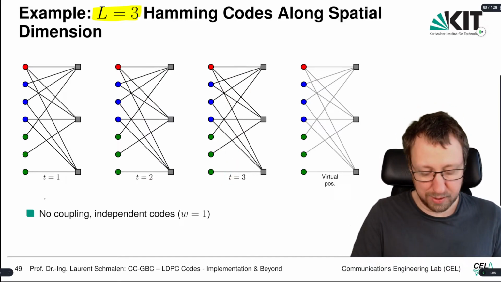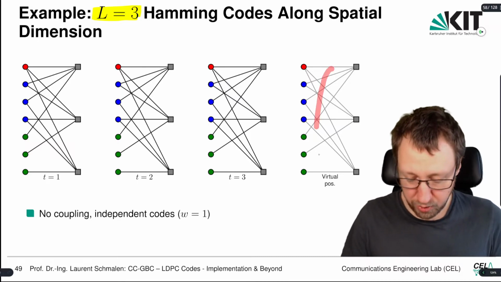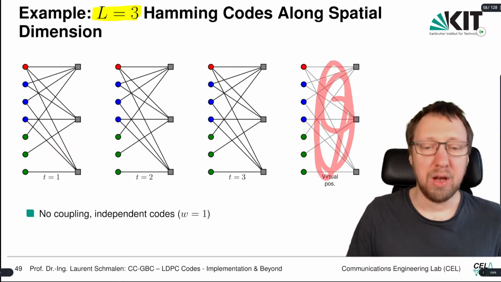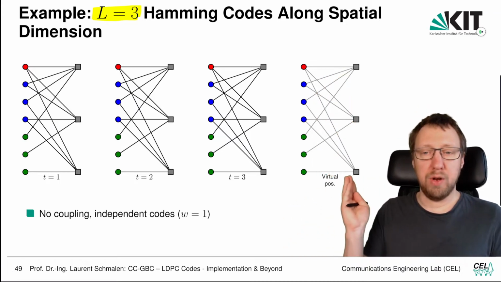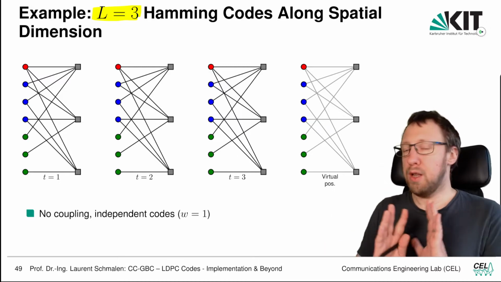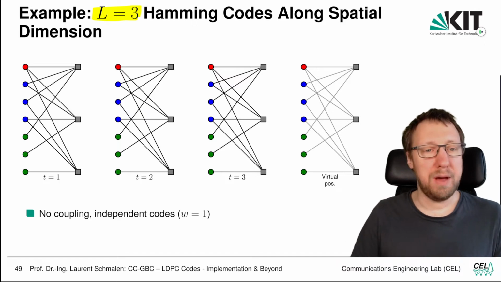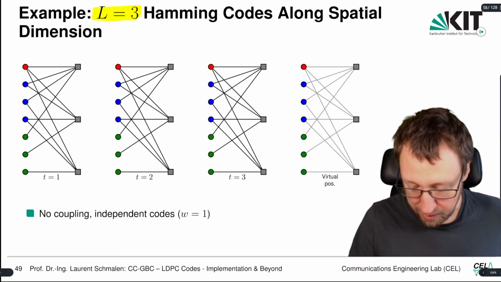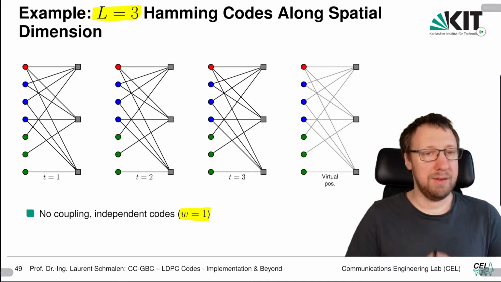This is the spatial dimension. And then we introduce another Hamming code at t equals 4, which is what we call a virtual position. So far, there is no coupling between the codes. These are fully independent codes, and this is the case when the coupling width W is equal to 1. There is no coupling.